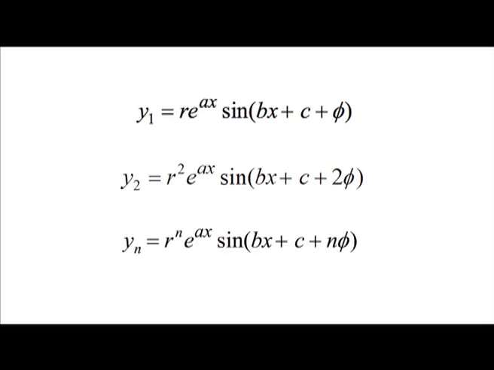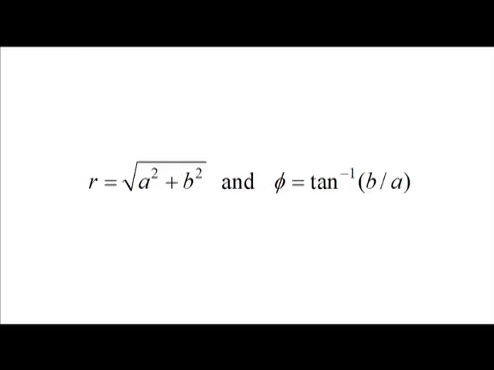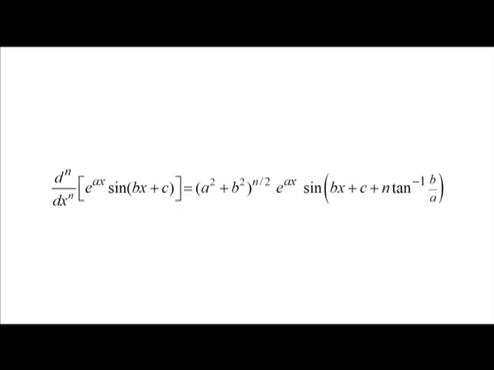Hence, in general, yn equal to r power n into e power ax into sin of bx plus c plus n phi, where r equal to square root of a square plus b square and phi equal to tan inverse of b by a. That is, the nth derivative of e power ax into sin of bx plus c equals a square plus b square power n by 2 into e power ax into sin of bx plus c plus n into tan inverse of b by a.